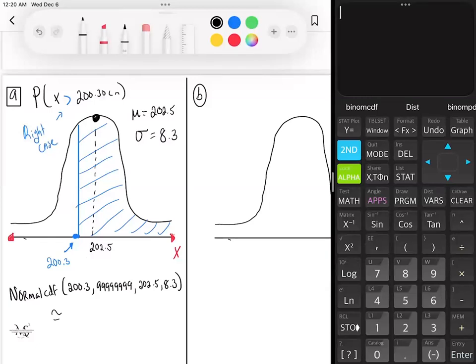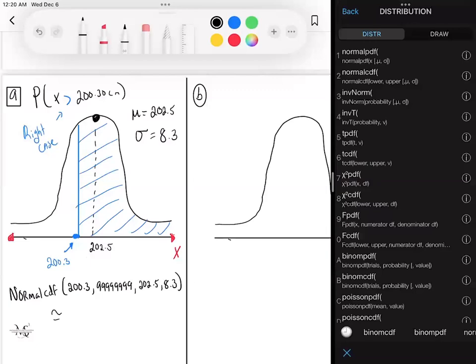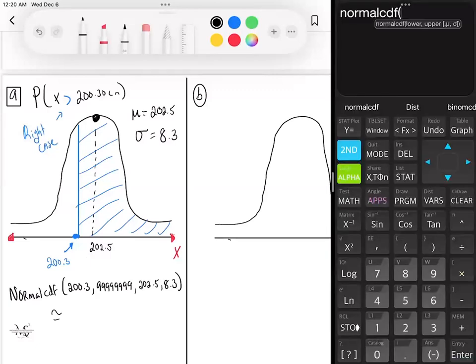Okay, so how do I do this now in the calculator? So it's second vars, normal CDF of 200.3, comma, the nines repeating, so I need to do 8 nines in succession, so that's 5 of them, 6, 7, 8, here we go, comma, 202.5, comma, 8.3.